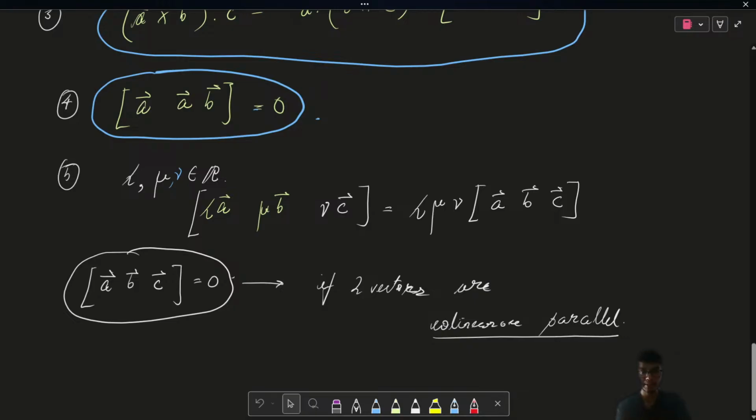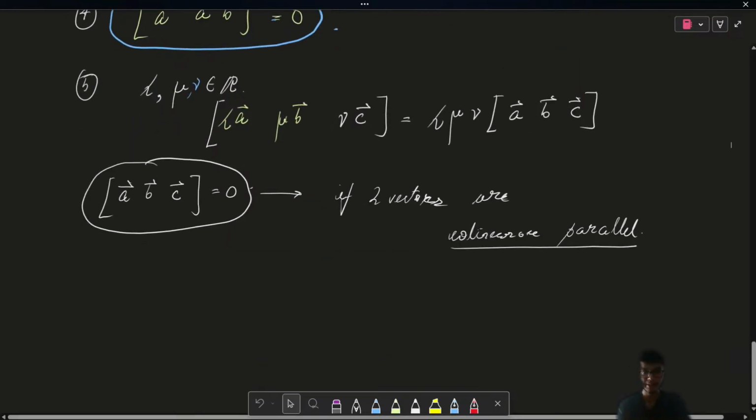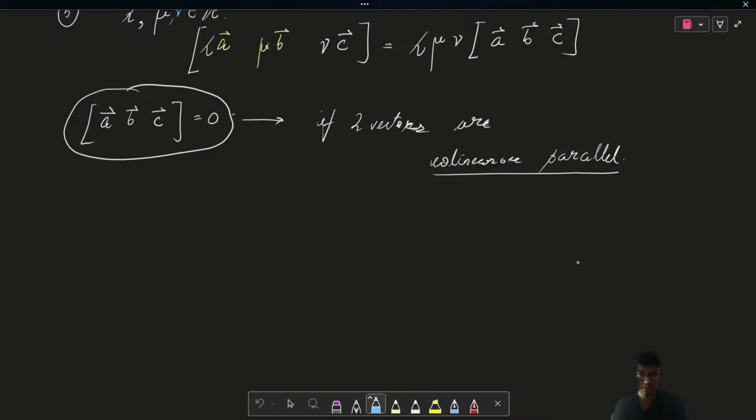Let us say the vectors are given component-wise like this: we have our a vector, b vector and c vector as follows.